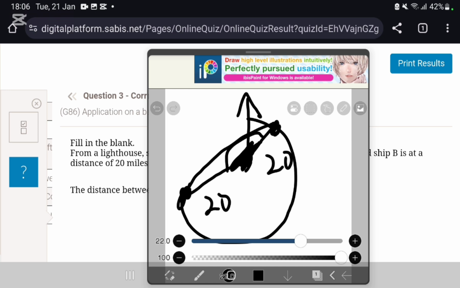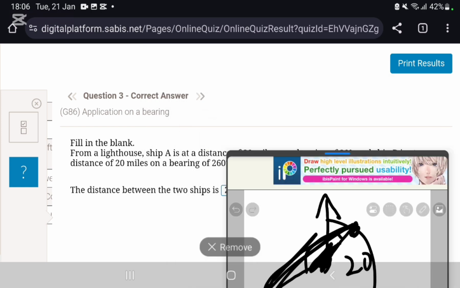You'll get 1200, but that is this distance squared. We need the square root. So we're gonna do square root of the answer, which will give us 20 radical 3, which is the answer.